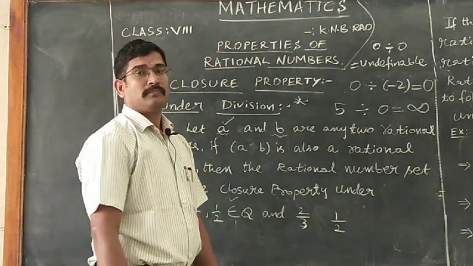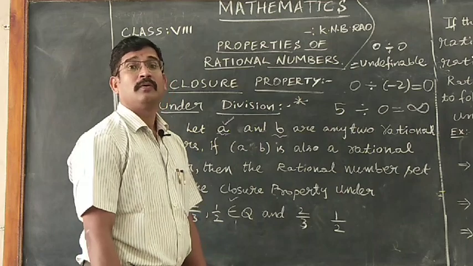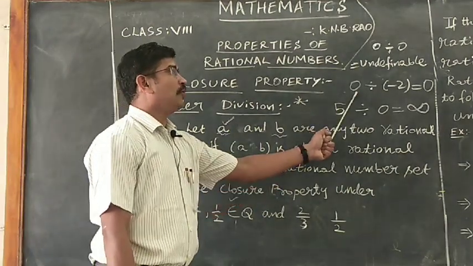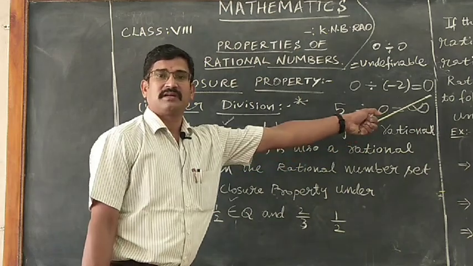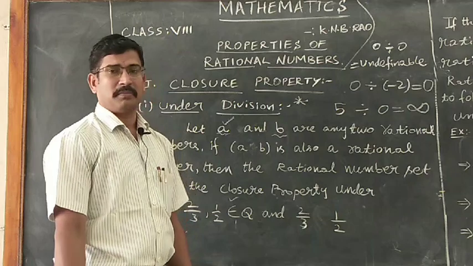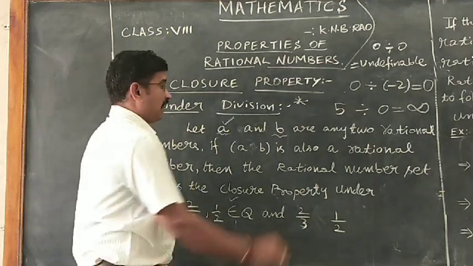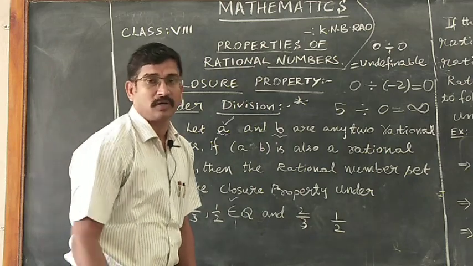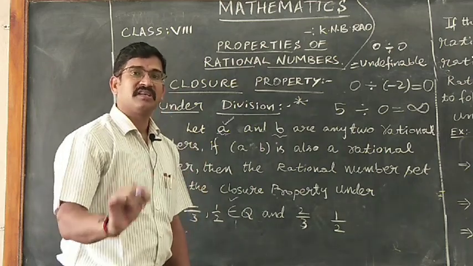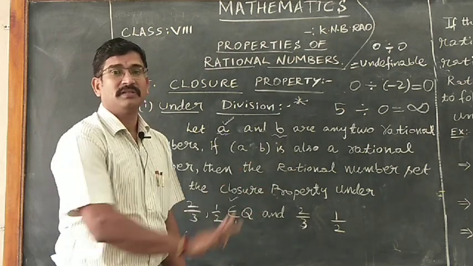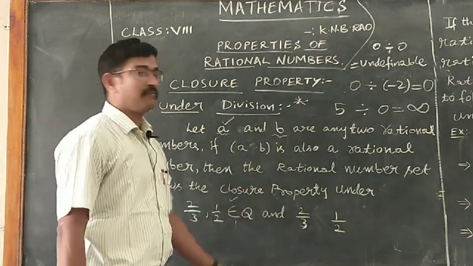Children, if 0 divided by any rational number comes, the resulting 0 is definitely a rational number. The problem comes when B, can it be 0? The question comes there. So, remember children, thinking that B should not be 0, we will proceed with the definition.